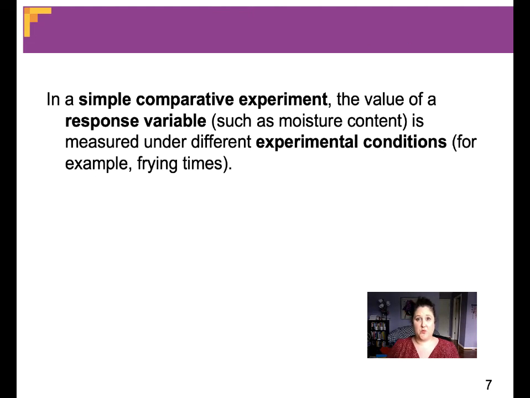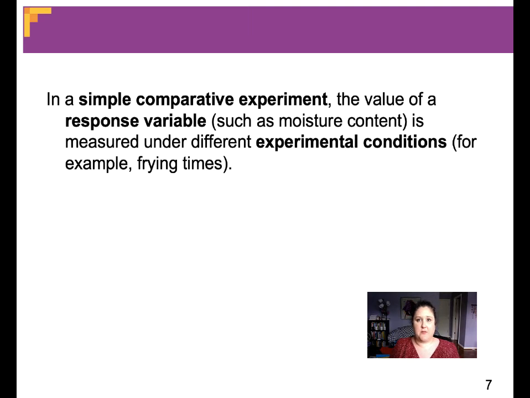So what we're going to want to be looking at for this section is mostly looking at a simple comparative experiment. Now, if any of you go on to study additional experimental methods, then there are several different ones that we can consider, but we're going to keep it pretty simple in this class. So starting with a simple comparative experiment, you're taking the value of a response variable, which in our tortilla chip example would be maybe the moisture content, and then we were measuring that under different experimental conditions.